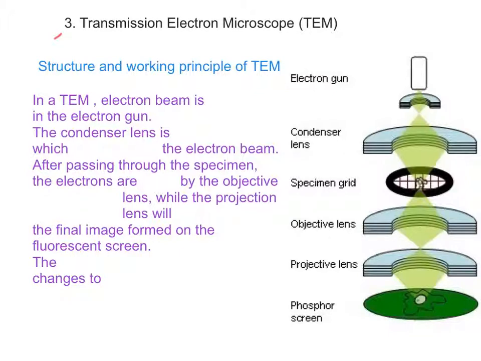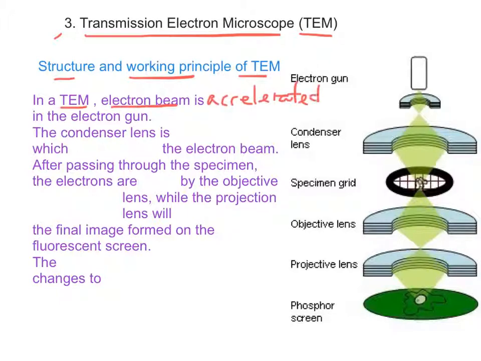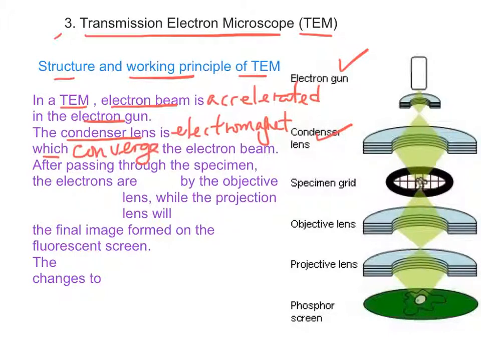Next, let's see the transmission electron microscope, TEM. Let's look at the structure and working principle of TEM. From the diagram, in the TEM, the electron beam is first accelerated in the electron gun. The condenser lens is an electromagnet which converges the electron beam.